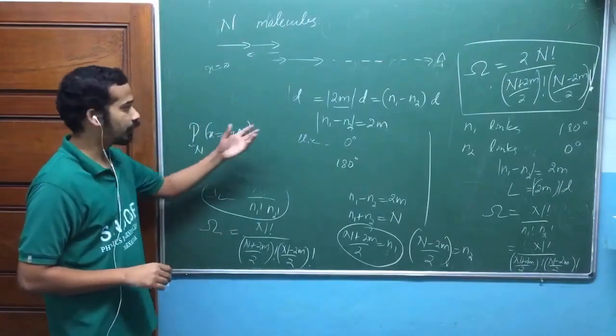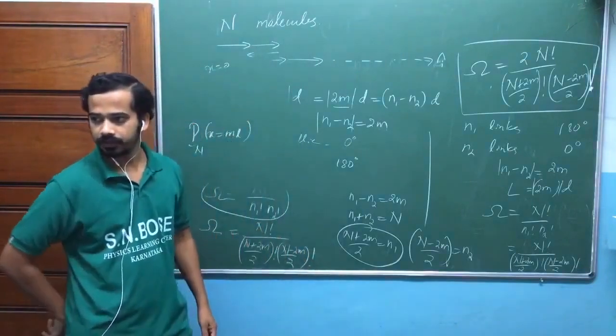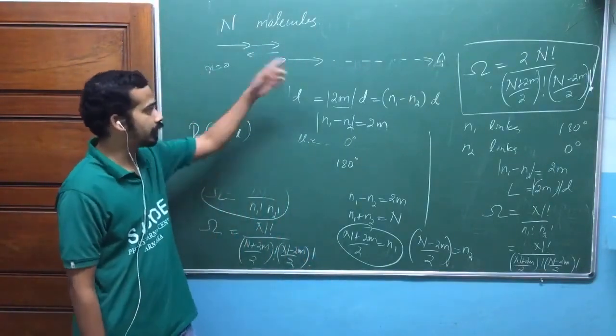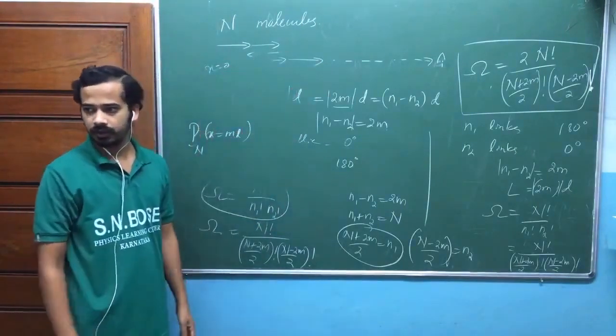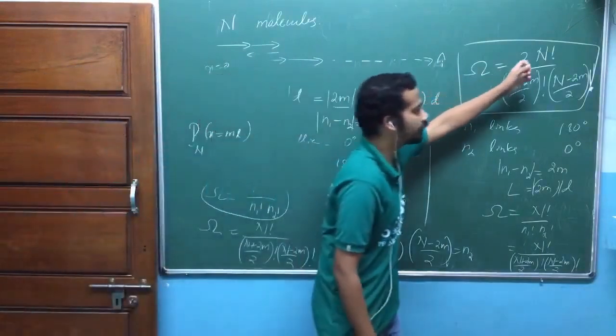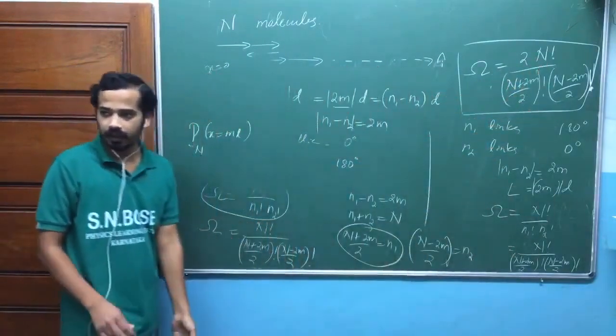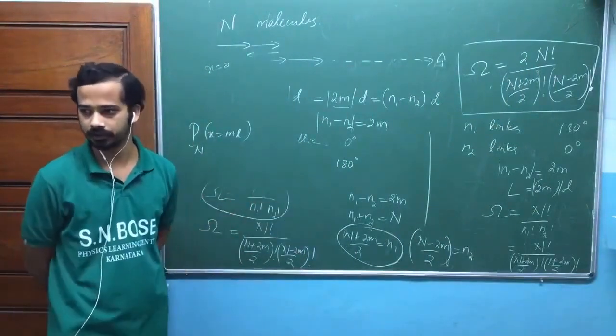That's why we are not multiplying by factor 2 over there. But here, positive displacement or negative displacement doesn't matter for the length of the whole chain, isn't it? That's why the factor 2 came. Either displacement can be along the positive x-axis or negative x-axis, the total length is what matters.